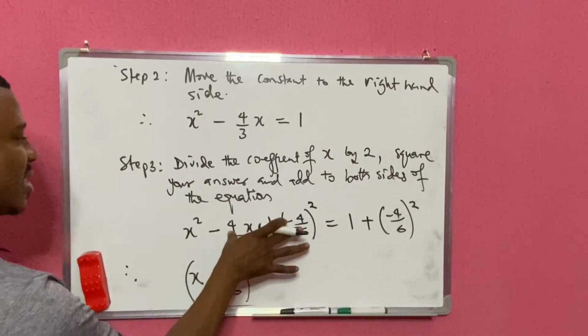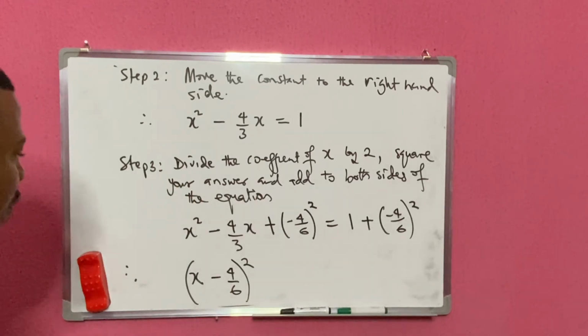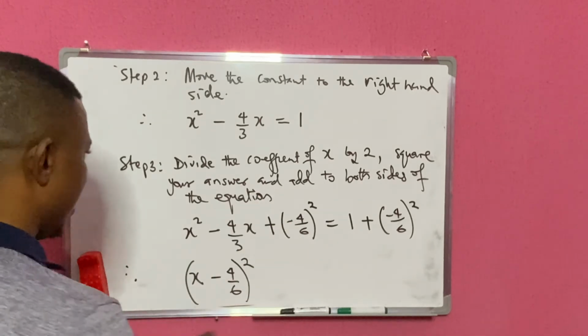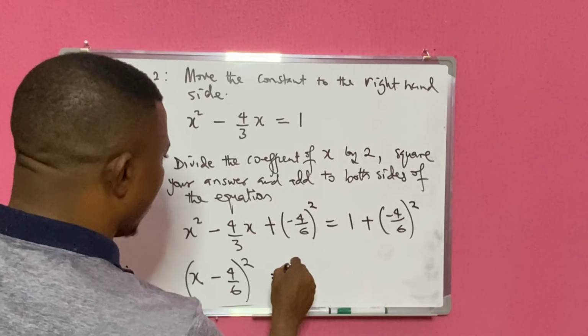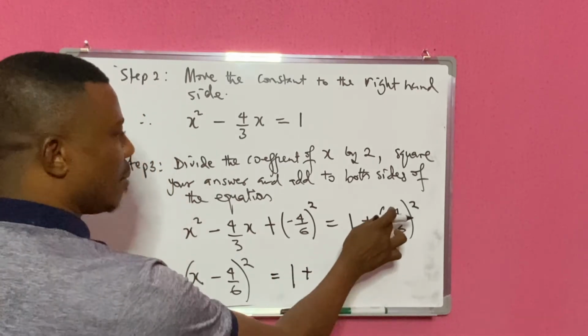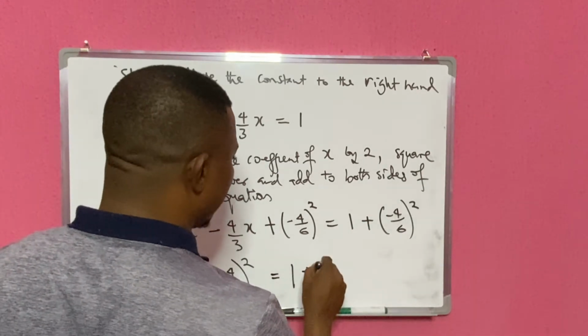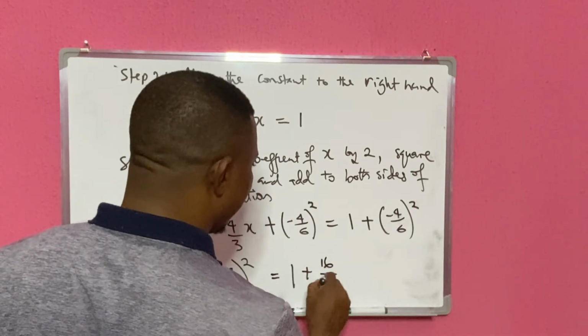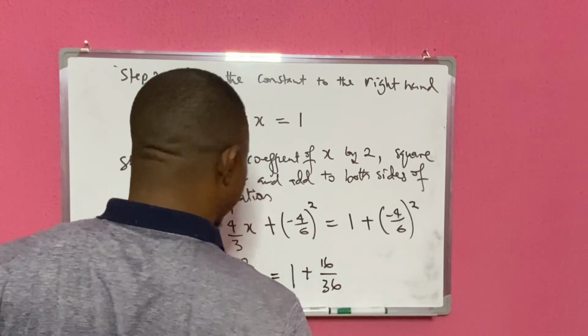This will give back this. If you square this, you must get this. Equals 1 plus minus 4, squared. You square 4, you have 16. 6, you square, you have 36.